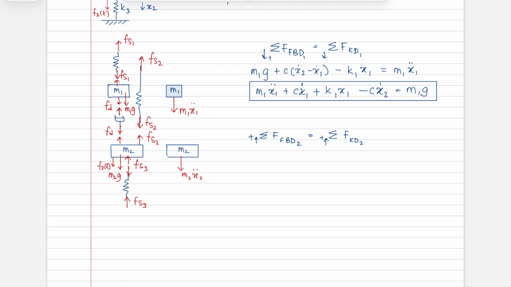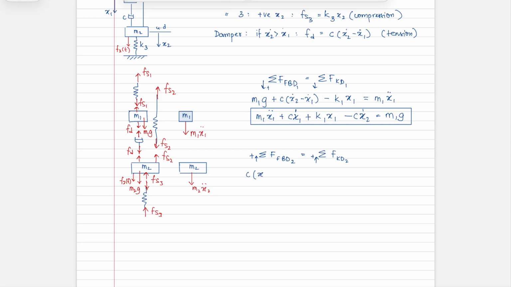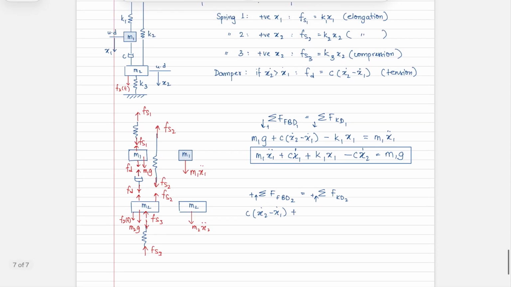So upward, you have FD, so that is C x2 dot minus x1 dot, plus you have FS2, which is K2 x2, and then downward you have F2 of t, M2g, and then you have upward again Fs3, which is K3 x3. All of this is going to be equal to minus M2 x2 double dot.